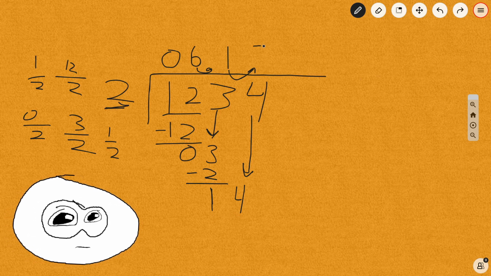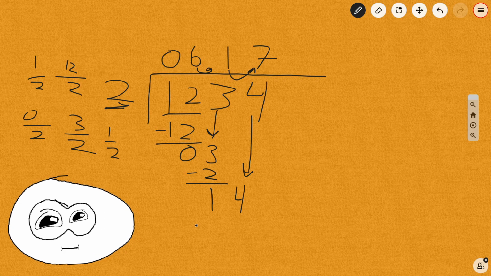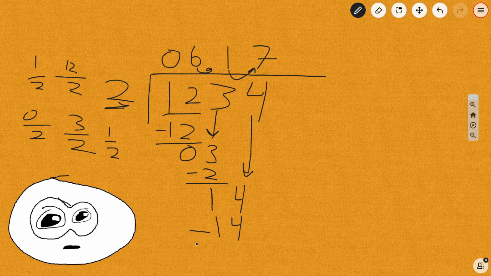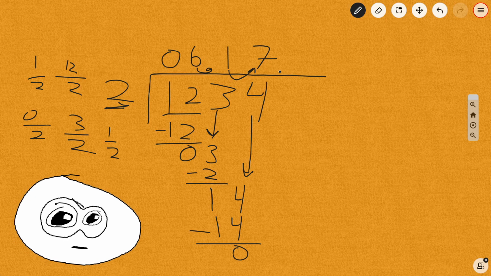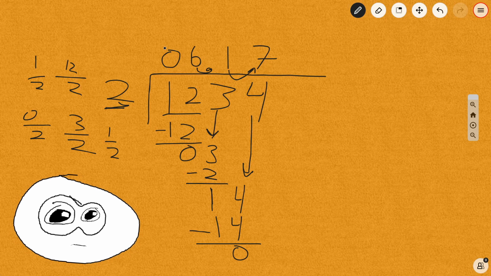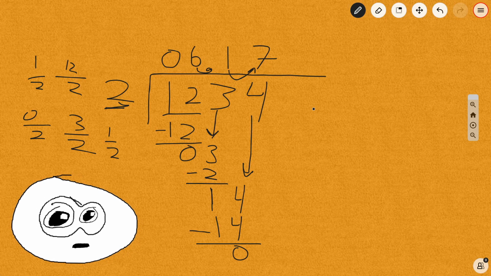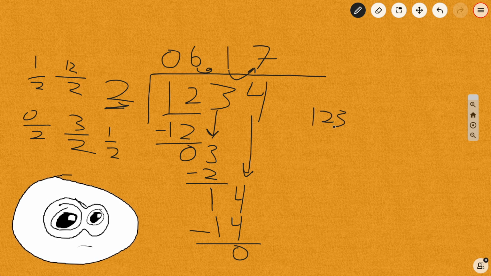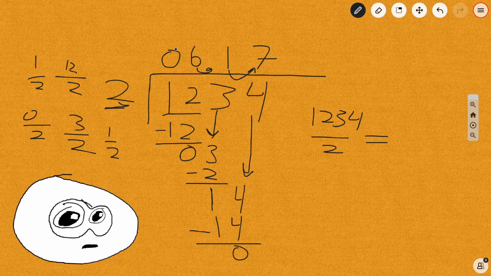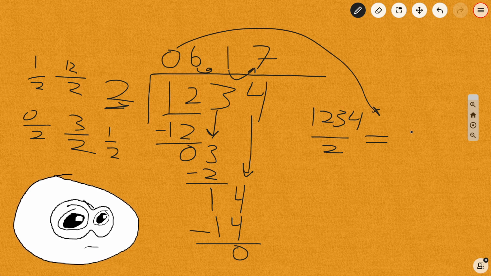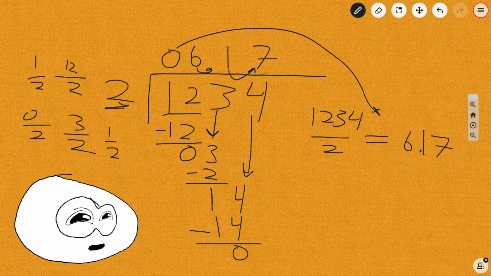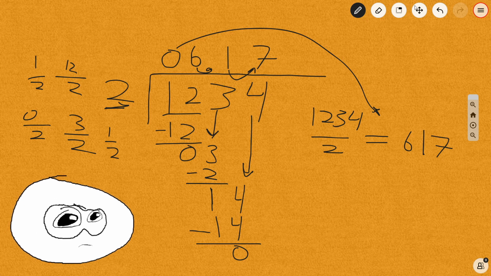And you could do that in your head. That would be 7. So then you got 14 minus 14, and you got 0. And that's where you have the number 1, 2, 3, 4 divided by 2 equals 617. Ta-da! Now that's long division.